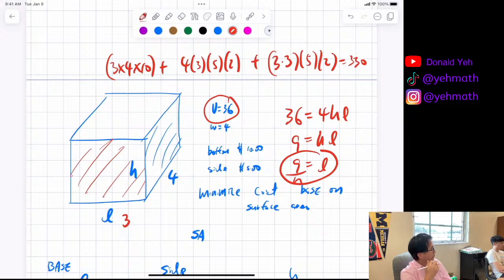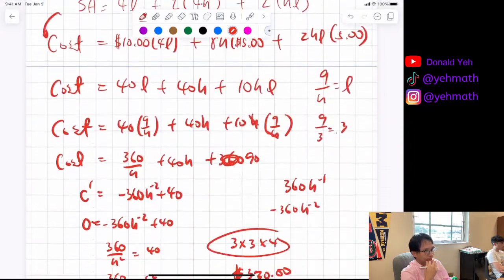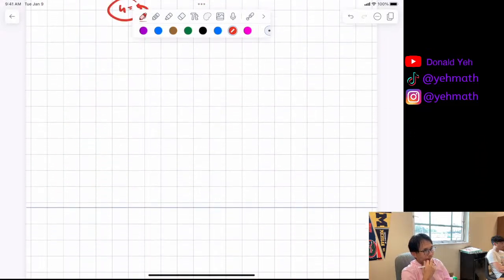Yes, because the derivative of cost. No, yeah, because these are all sides, so they're all $5 per square foot. No matter whether it's length or width. It just matters where the floor is.